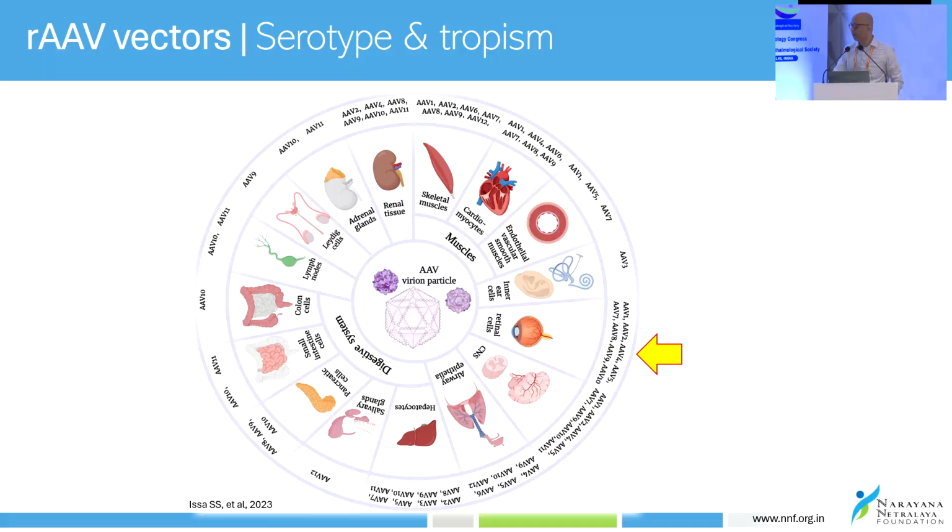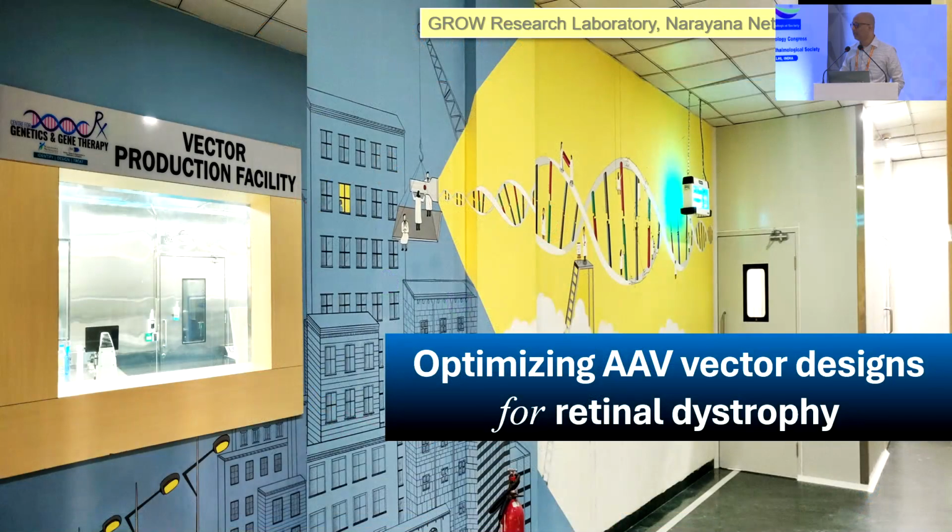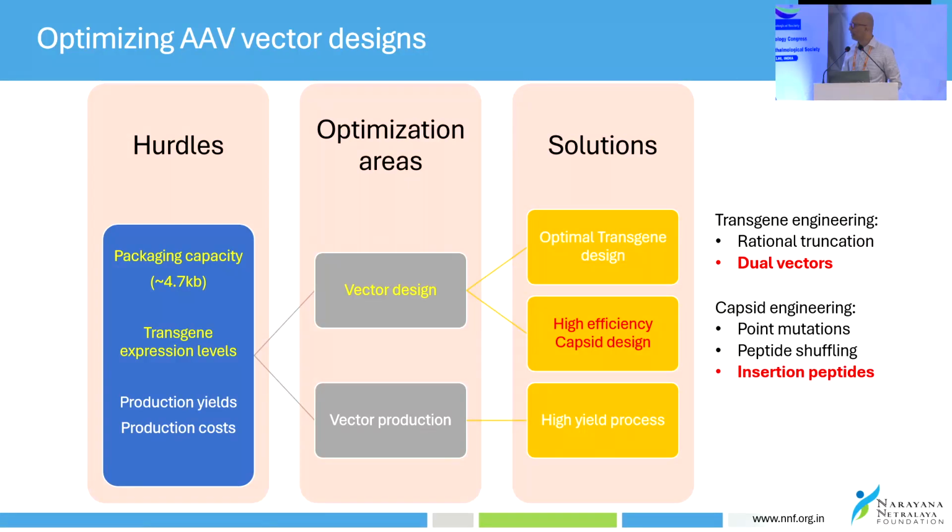But the most important part is how do we optimize these vector designs in order to improve efficiency? One may ask, why is there a need for such an optimization process? One of the hurdles with AAV vectors is its packaging capacity. It's approximately 4.7 kb, and some of the genes may be beyond that.